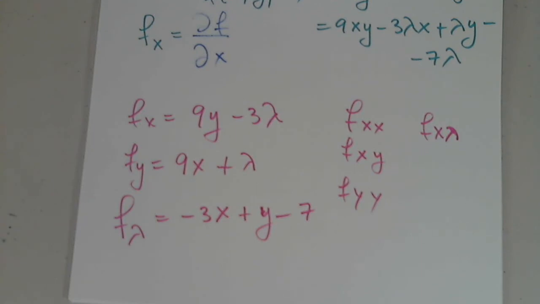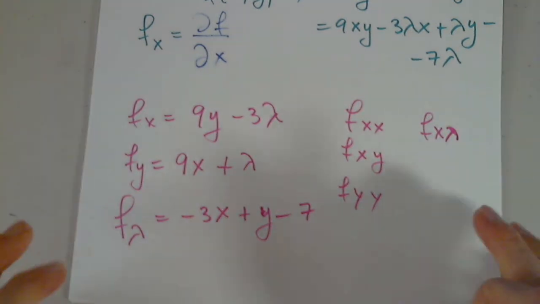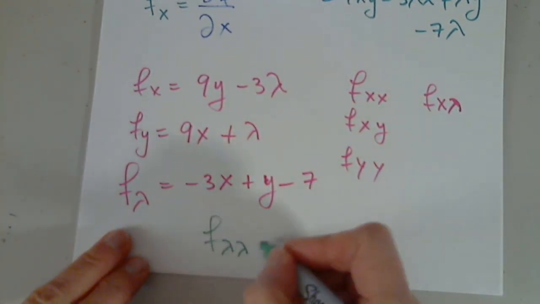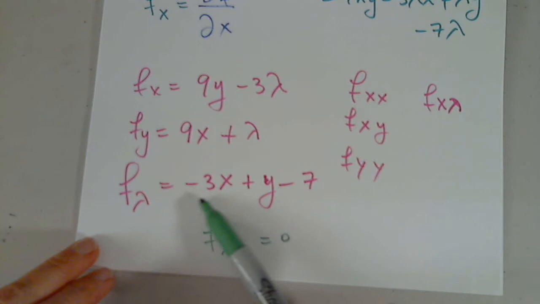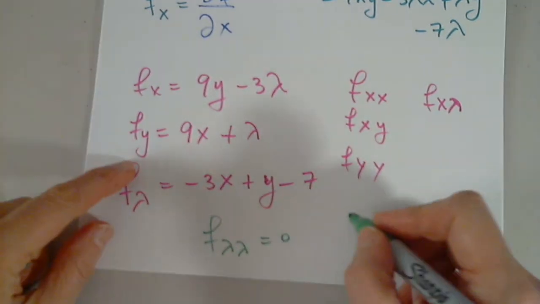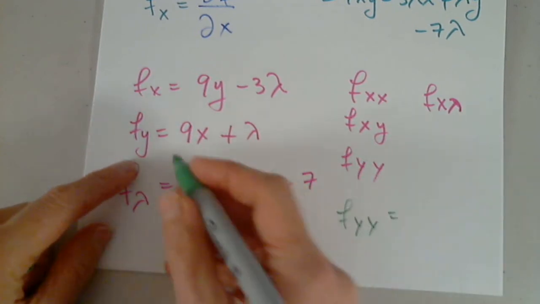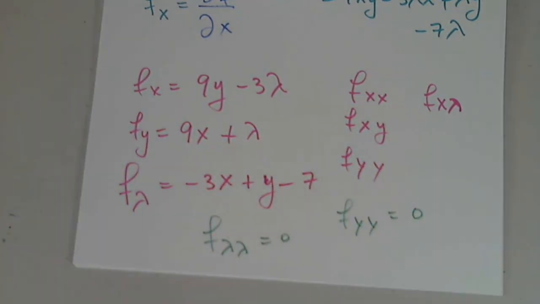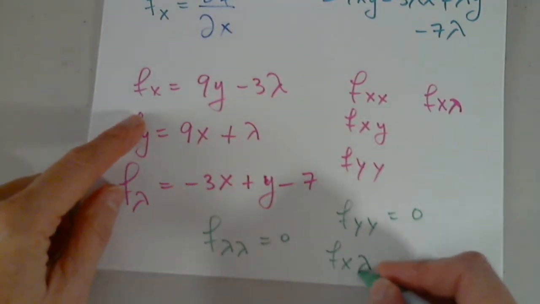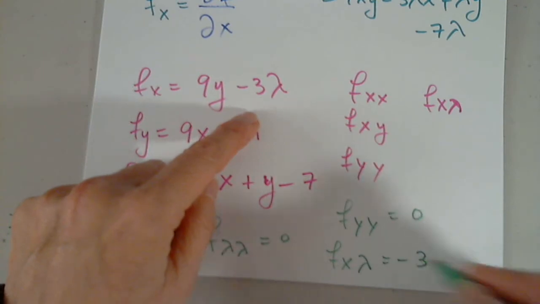Which one? For example, if you say f lambda lambda, it's going to be 0. There's no lambda here. If you say fyy, it's the same. There is no y, so it's 0. If you say fx lambda, yes, it's negative 3.